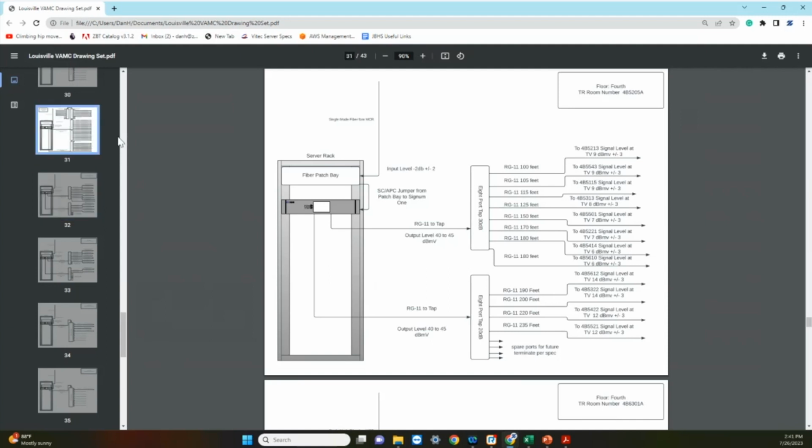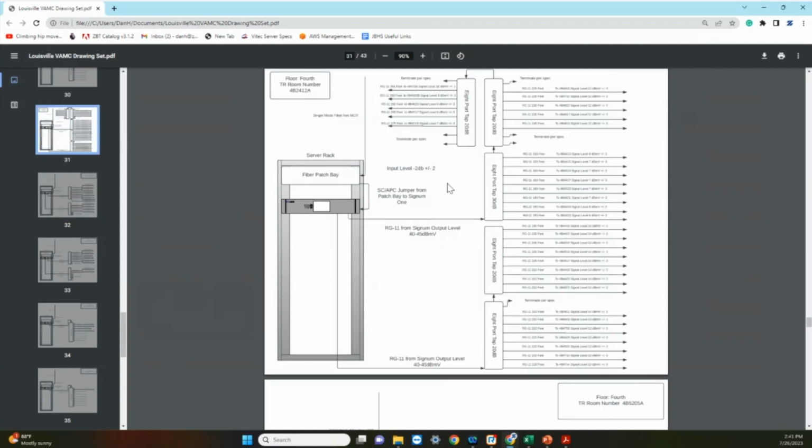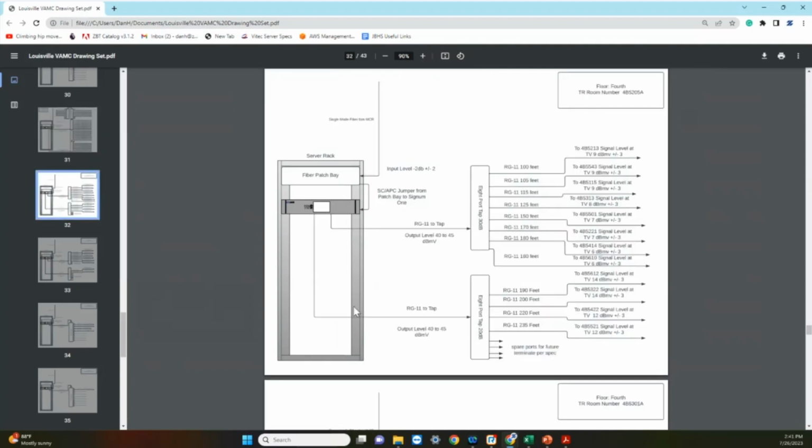And that's more extreme in some of the other closets where we're going up to 275 feet on the long runs, but only as low as 110 or 130 feet on the short runs. But basically, because we have a home run from each closet, you just take the length of the run minus what I know my 40 to 45 dB launch level to be, and do the math to make sure we're hitting the receive ends within spec.